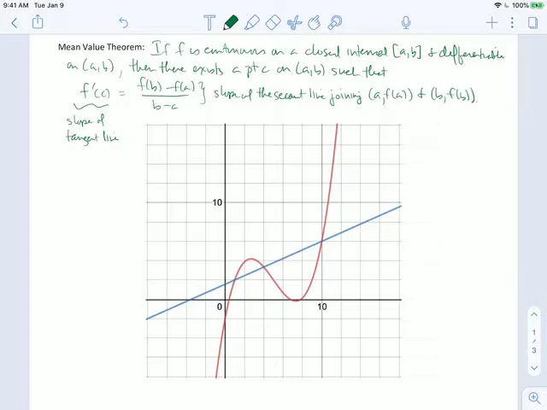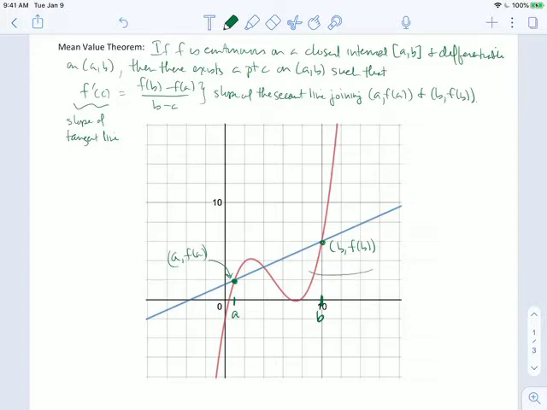And I've got a sketch down here which attempts to illustrate this. I'm taking this number right here as a and this number as b. In reality, in this picture, a is 1 and b is 10. But I want to think about this as the point a, f of a, and this as the point b, f of b.